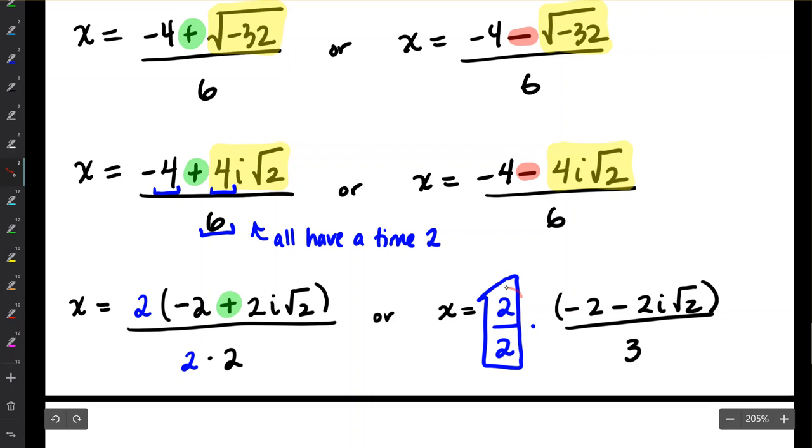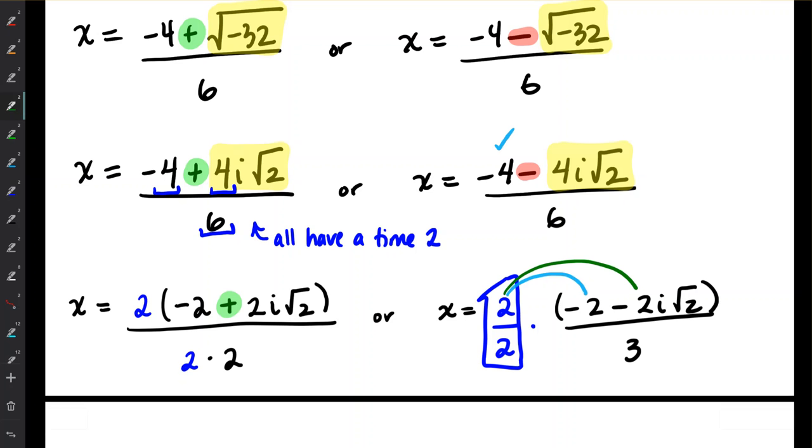Right? We multiply fractions straight across. Let's just see this. 2 times a minus 2 is minus 4. 2 times a minus 2 is a minus 4 times i times 2 is minus 4i root 2. And 2 times 3 is 6.